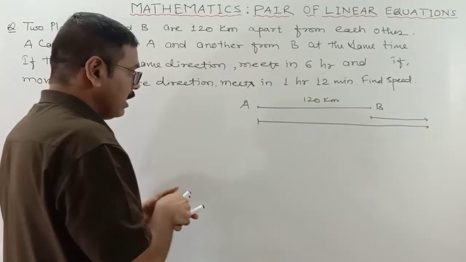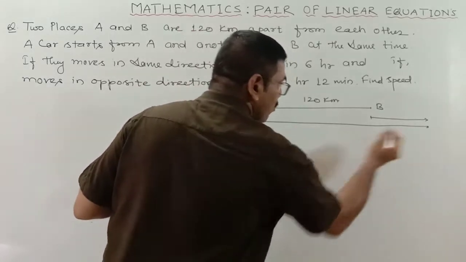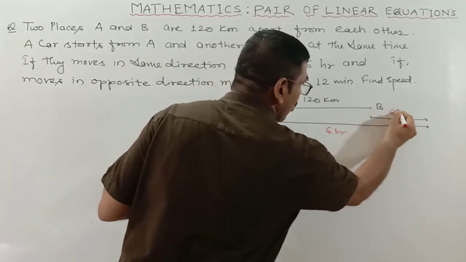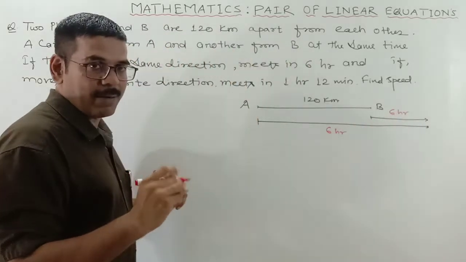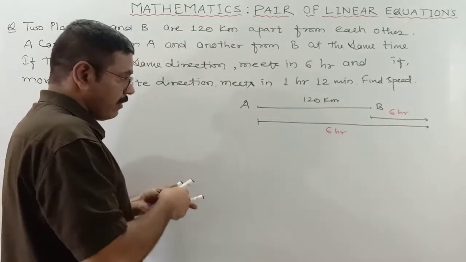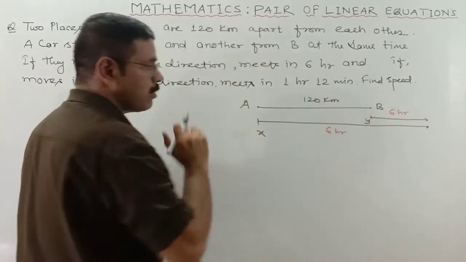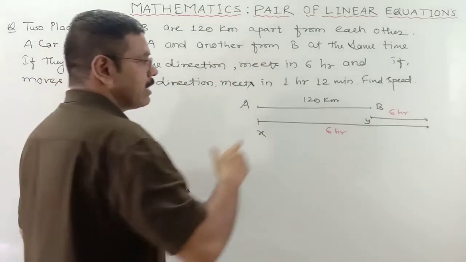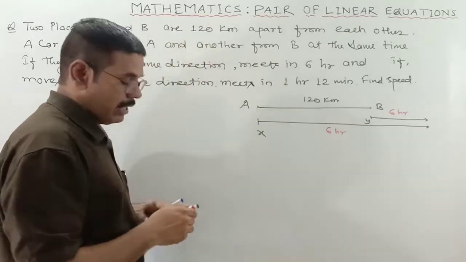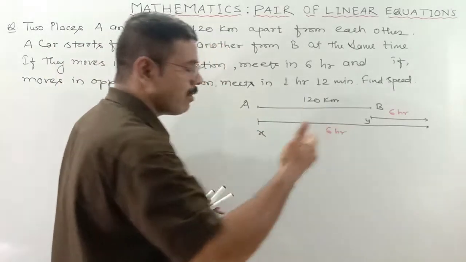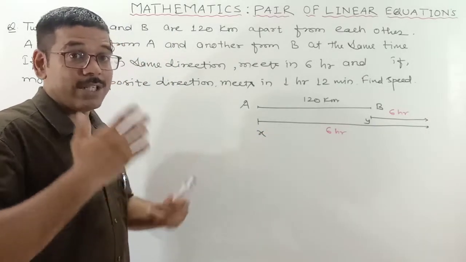The time taken in moving this car is 6 hours, and this also moves for 6 hours. But definitely the speed of this car will be more than that. Suppose the speed of that car is x and the speed of that car is y. Then what will be the distance traveled by car A? That we need to determine.